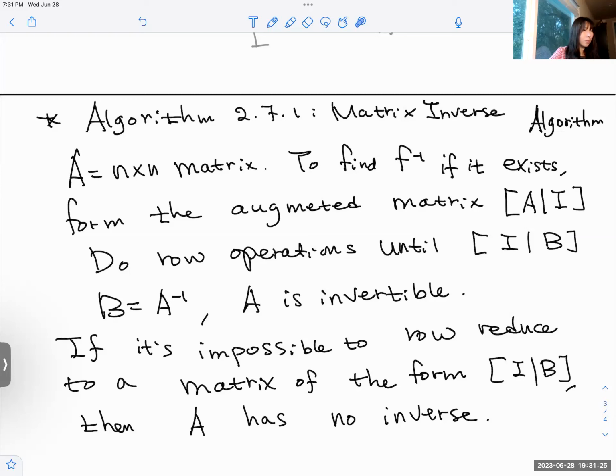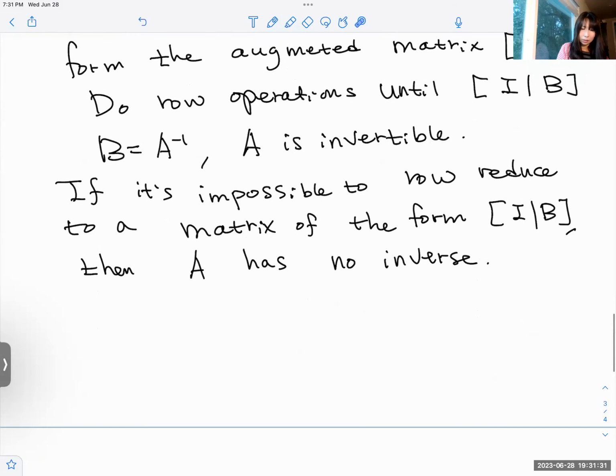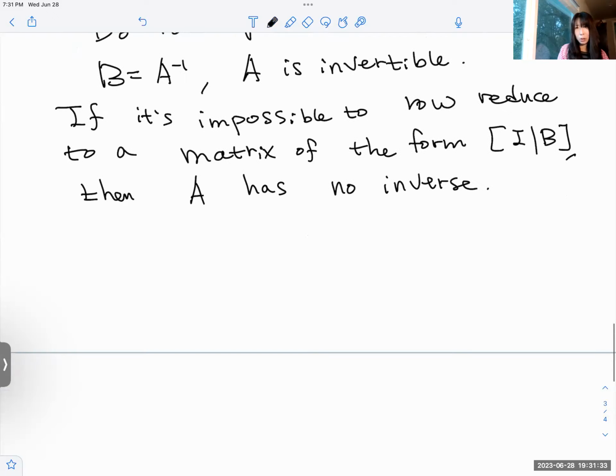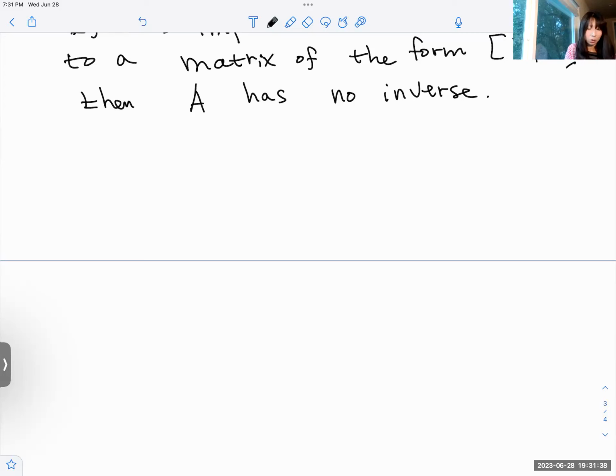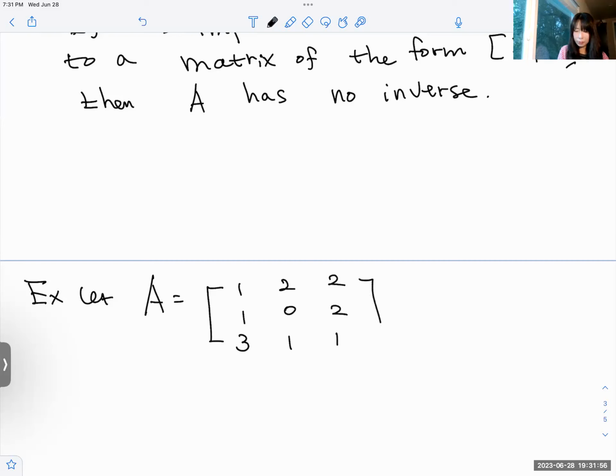Okay, let us do this. So we're going to do it slowly because it's a lot of work. I don't want to make a mistake. Okay, let A equal to 1 1 3, 2 0 1, 2 2 1. Find the inverse.